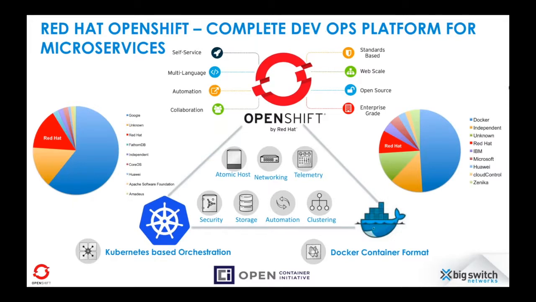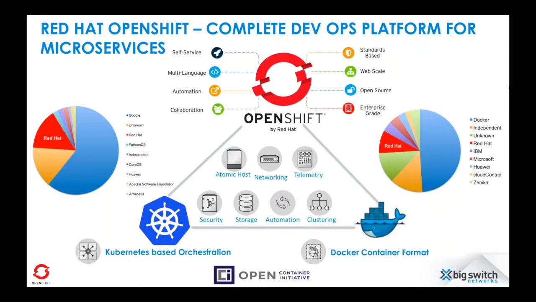So let me talk a little bit about what Red Hat OpenShift is. How does it compare to some of the solutions that exist in the marketplace? Red Hat OpenShift is a complete DevOps platform for delivery of microservices-based architectures. It has full automation capabilities. It's web scale.